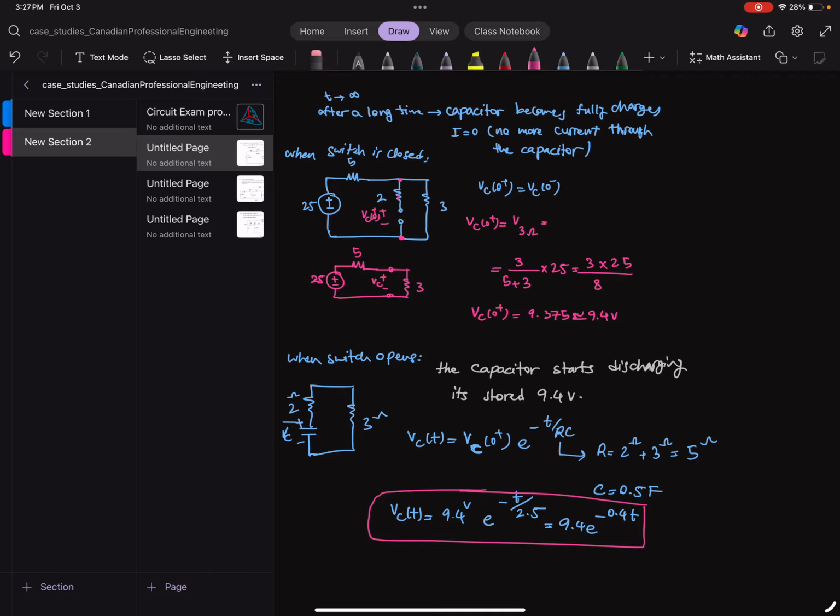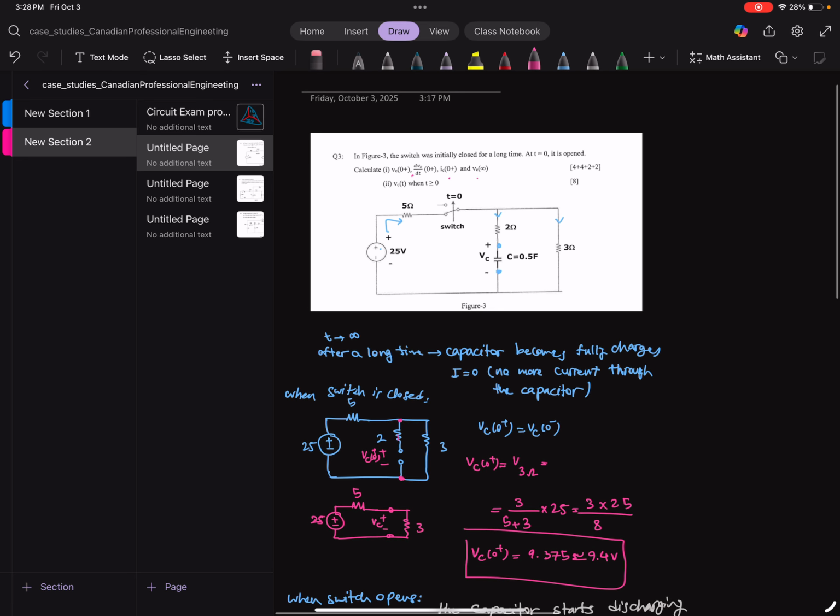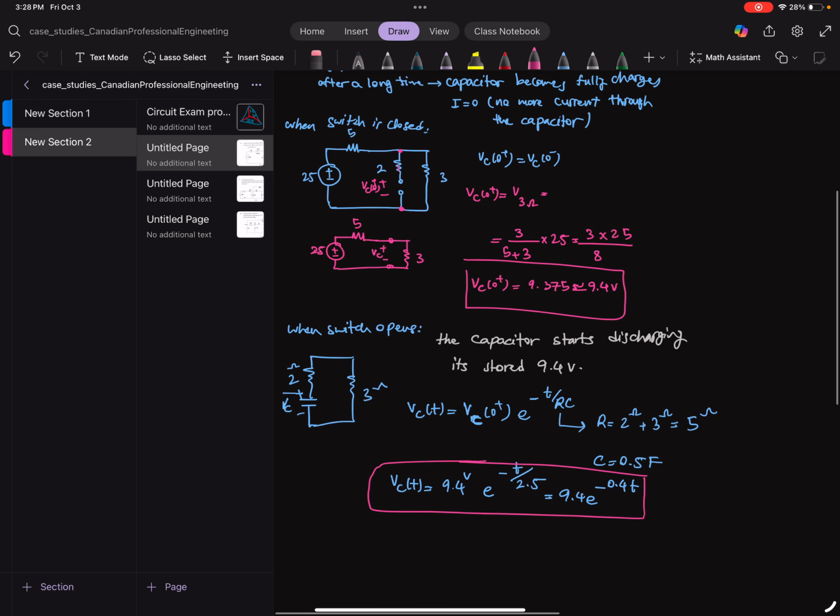Right away, when we have our initial value and we know the equivalent resistor of the RC circuit, then we can write this. Now let's find what else we are asked. VC at 0, VC at infinite time.